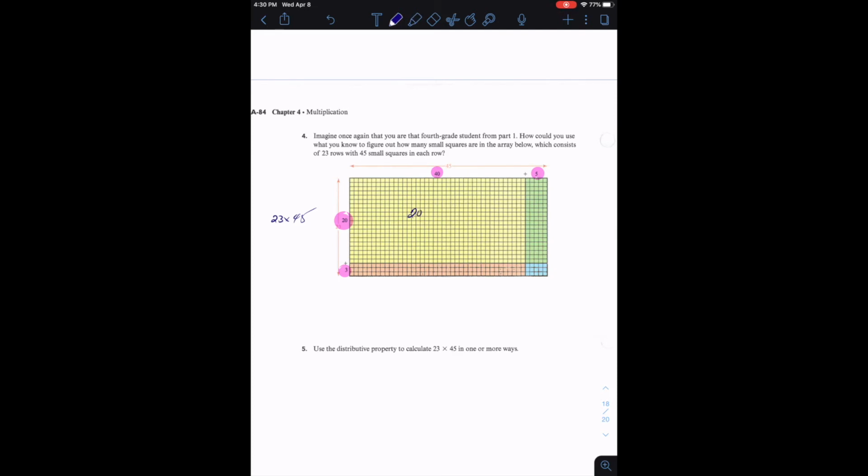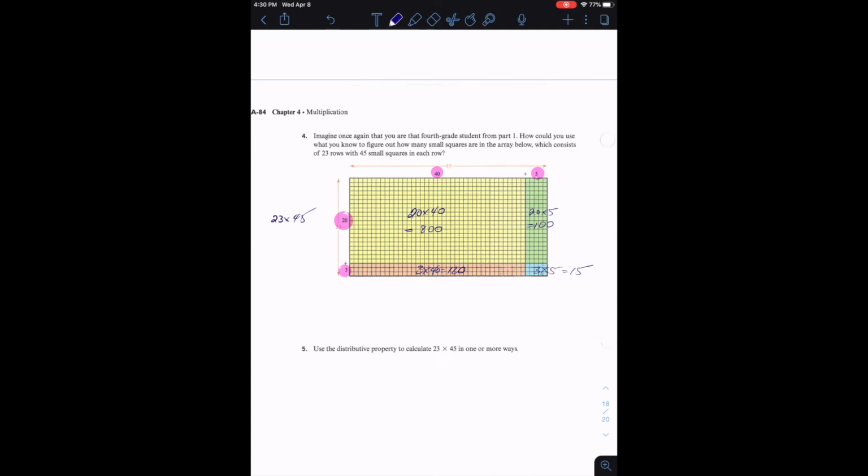So this would be the 20 times 40, and kids know how to do that. So we would have 800 cells there. This would then be 20 by 5, so that's 100. This would be 3 times 40, 120, and this would be 3 times 5, 15.